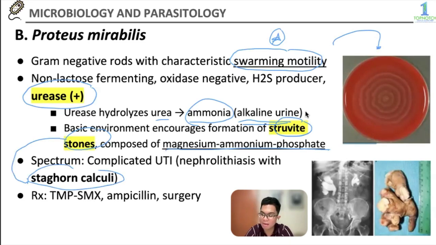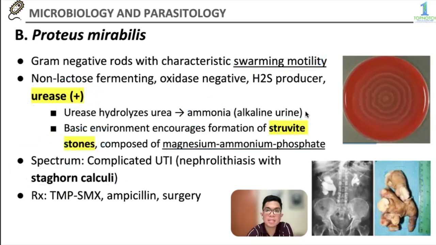Yung staghorn calculi, parang ganito, they go around the shape ng renal pelvis and calyces natin. Kaya it can cause obstruction ng urine flow and can cause complicated UTI, and even AKI, post-obstructive.